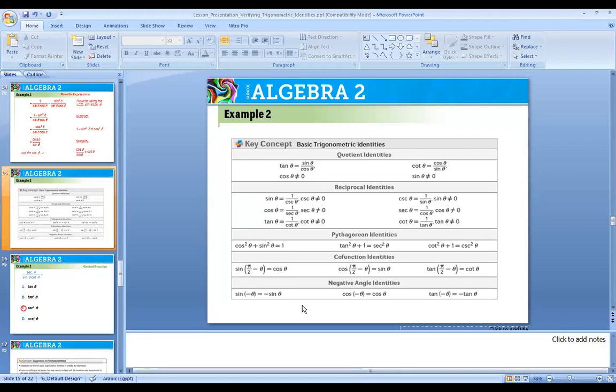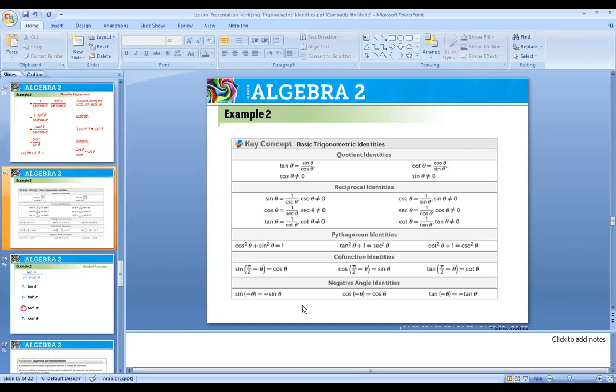The last identity, the negative angle identity. If we have a negative angle for the trig ratio sine, it turns the value of the sine negative. So if you have a negative angle and you get the value of sine for this angle, the result will be negative. For cosine, the result is positive because cosine eats the negative sign.